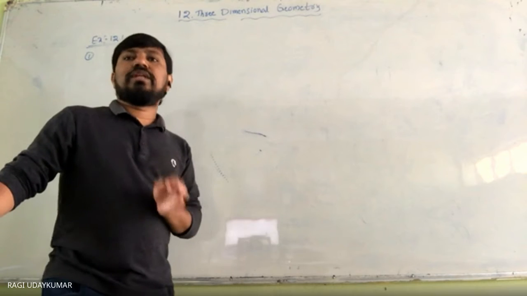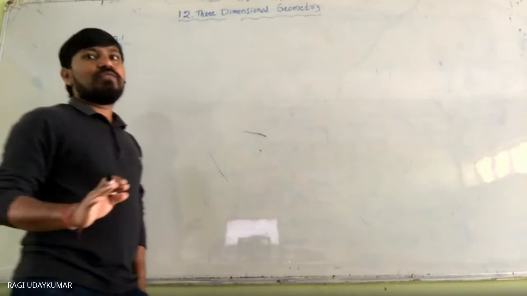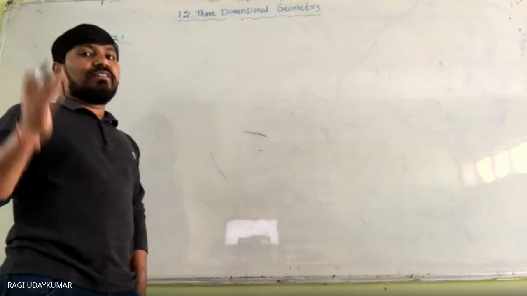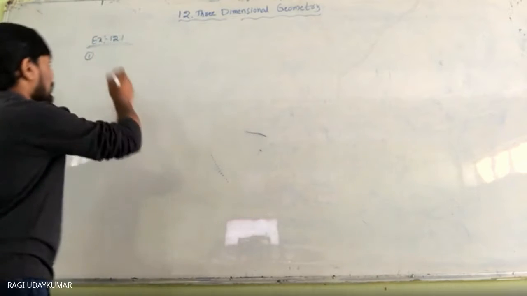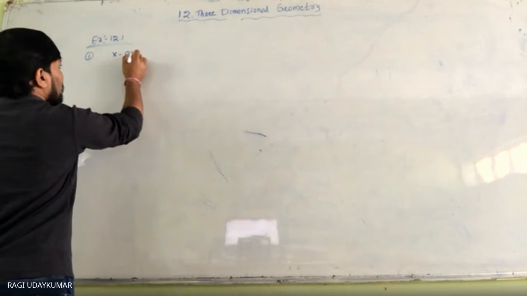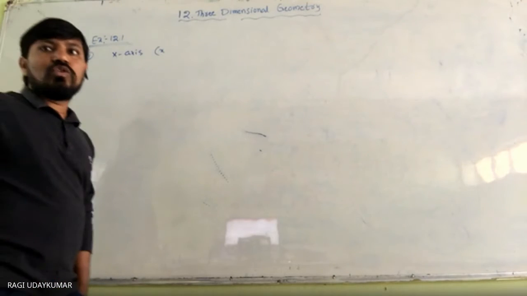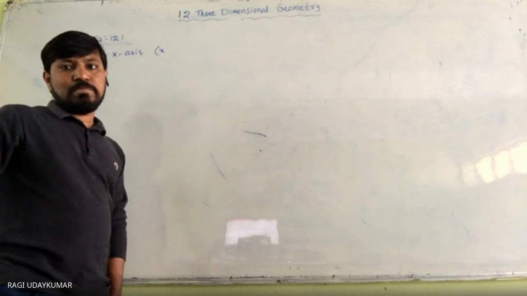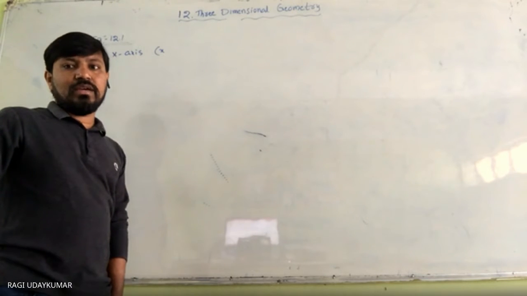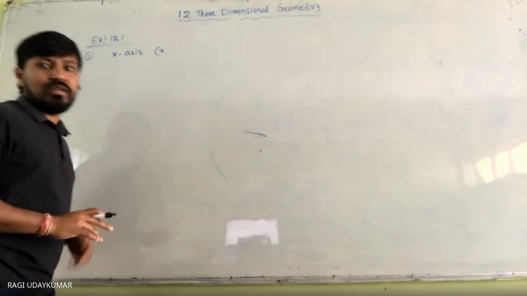So simply remember that for a point on the x-axis, the y and z coordinates will both be 0. Whenever you take a point on the x-axis, the y coordinate and z coordinate will be 0.